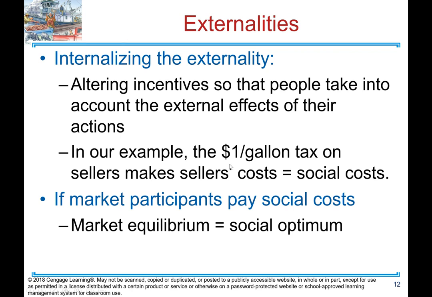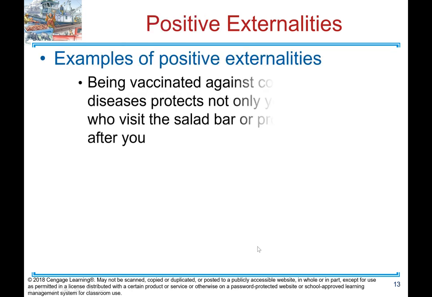In our example, the $1 per gallon tax on sellers makes sellers' costs equal to social costs. If market participants pay social costs, the market equilibrium is equal to social optimum, and that is efficient.